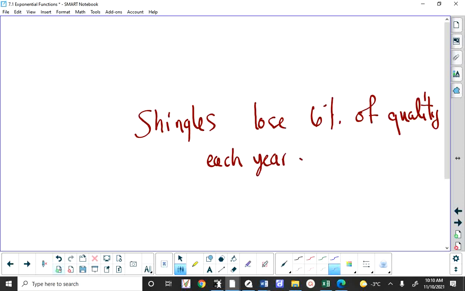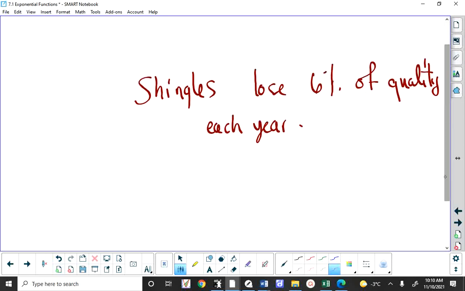Your shingles aren't pristine from January 1st to December 31st, and then New Year strikes and they deteriorate by 6% immediately, right? It's a gradual thing. And I would say to people, that would mean that if you had 100% coverage originally, then you're going to have 94% coverage, right?